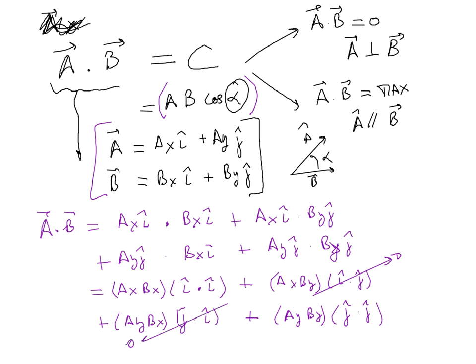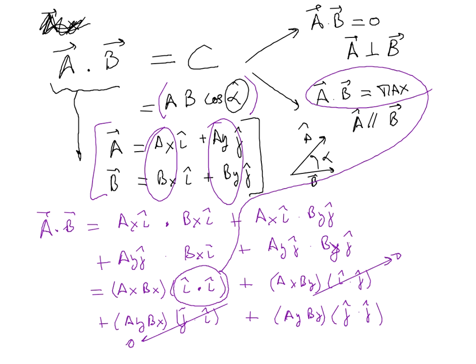The commute, same. So that tells us that every time you want to take a dot product, the only terms that will survive are the like terms. All the x multiplied together, all the j's multiplied together. Because what is the result of I.I? Remembering that I is a unit vector. Now we can use this.